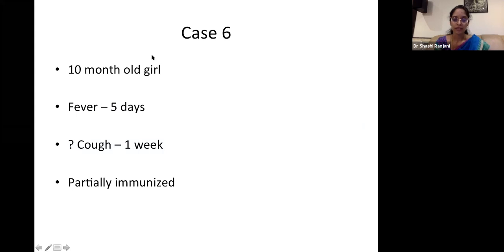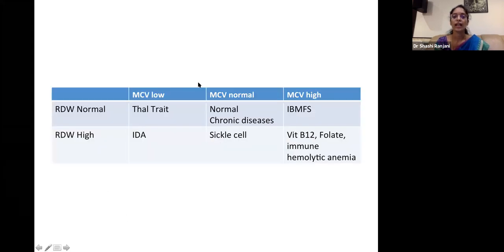And in any nutritional deficiency, the RDW will typically be high. If MCV is low, then it is iron deficiency anemia. If MCV is high, then it is vitamin B12 or folic acid deficiency. So remembering this table makes a lot of things easier.